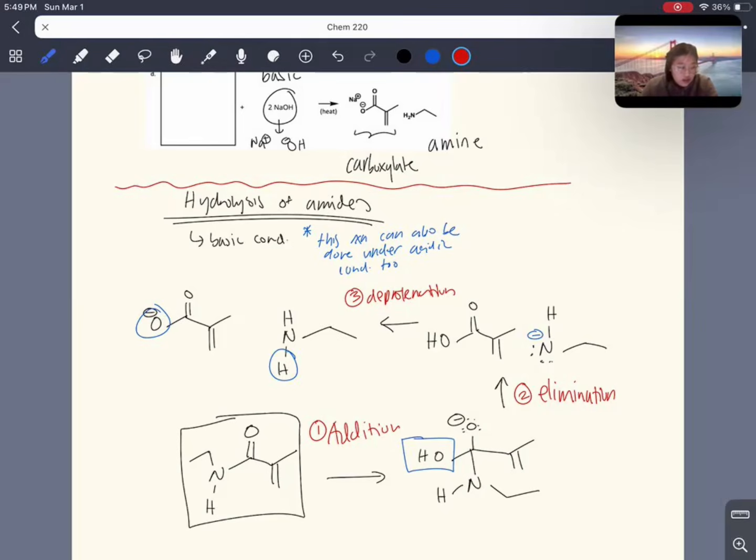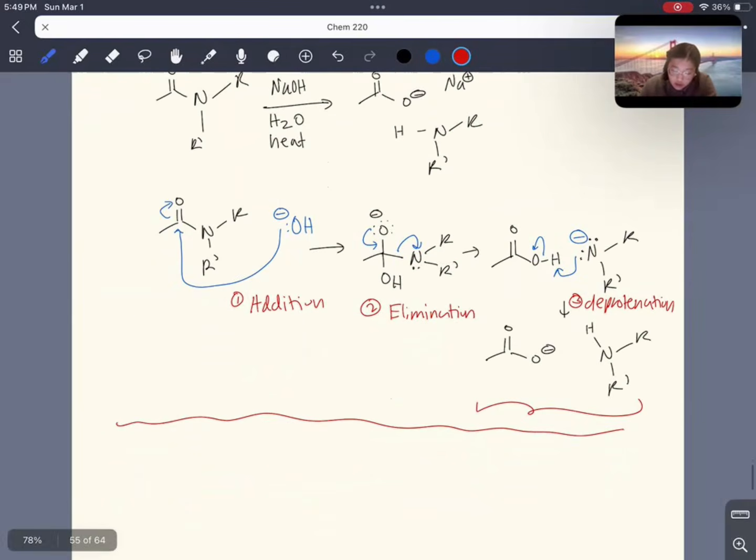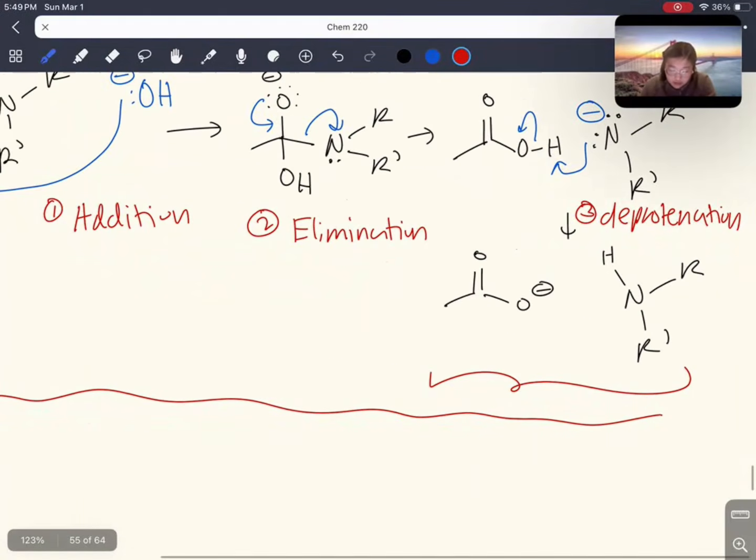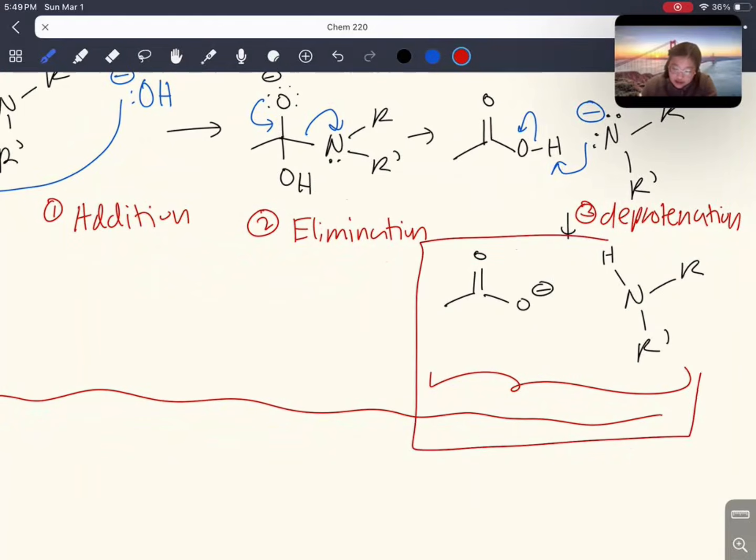Now, something to note about reactions involving amines. This is not relevant to the question, but it is something to think about. Let's take these as my products, right?